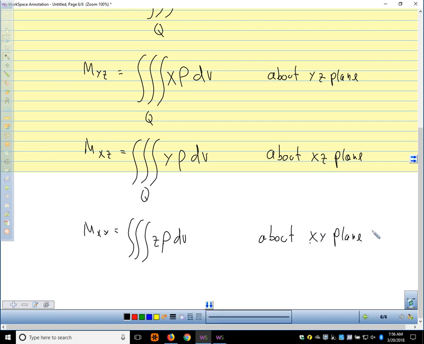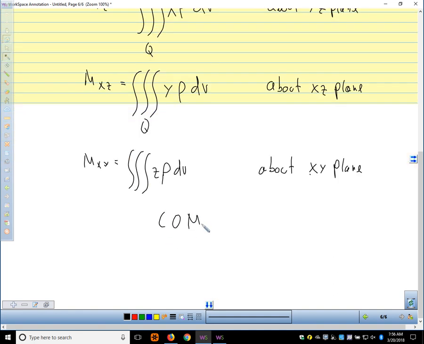And remember, a moment is just the mass times its distance from something. Here we're talking about the distance from the plane. And our center of mass now of the solid region, x bar, is going to be M sub yz over the mass.